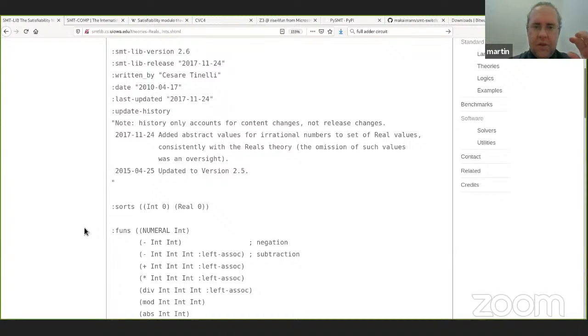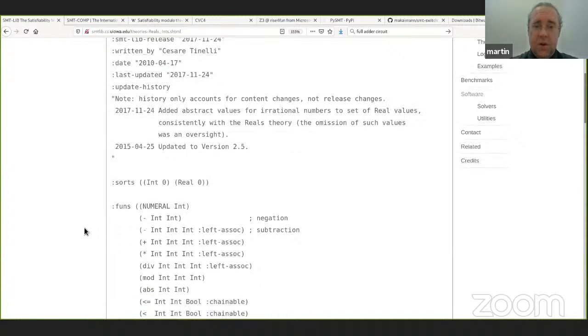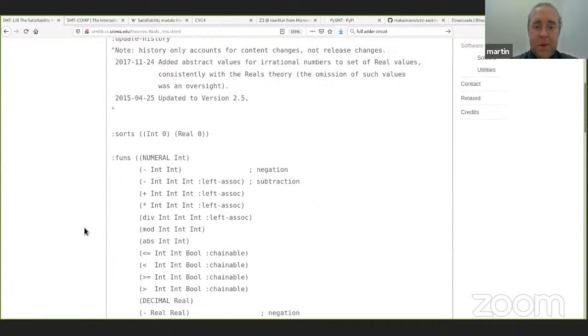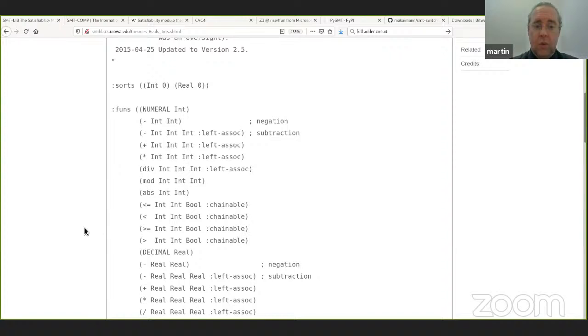This is what I was saying about that first approach. That's the axiomatic approach, where you'd feed in a series of axioms that describe the interpretations you want to work on. SMT does not work like that. These theory files are the specification for what the solver should do.